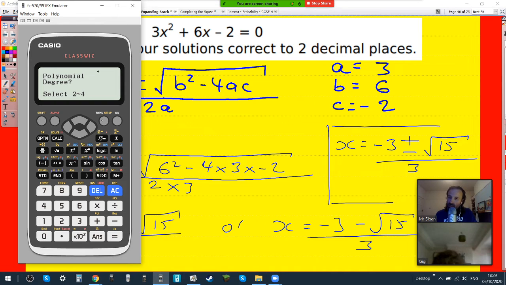These are quadratics, so it's degree 2 for squared. Put in A equals, B equals, C equals. A equals 3. B equals 6. C equals minus 2.